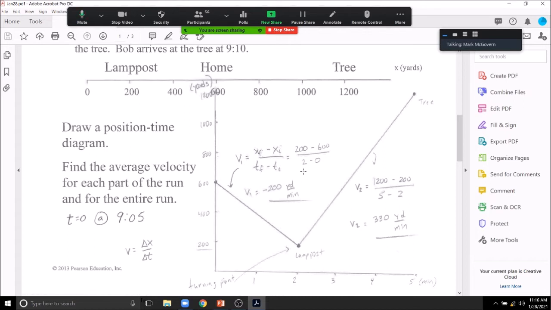The slopes tell you two things. The steepness of the slope tells you speed, and the slope is either going to be negative or positive, and that tells you direction. Because if your velocity is negative, that's about direction. Right? All right. Let's keep going. Any other questions, though, before I move on from here?